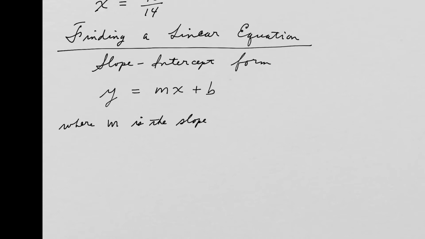And we'll talk more about slope in a little bit. You can think of the slope as like the average rate of change, or in terms of a graph, it measures the steepness of the line.